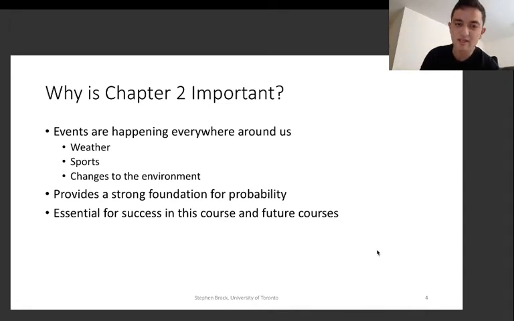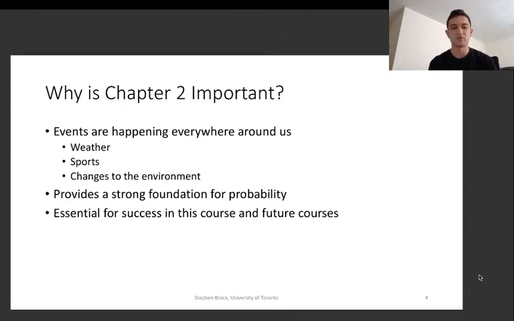But before I get into any information, why is Chapter 2 important? Well, events are happening everywhere around us all the time, whether it be associated with weather or sports or just changes to the environment. And Chapter 2 provides us with a model or a way to represent these events.